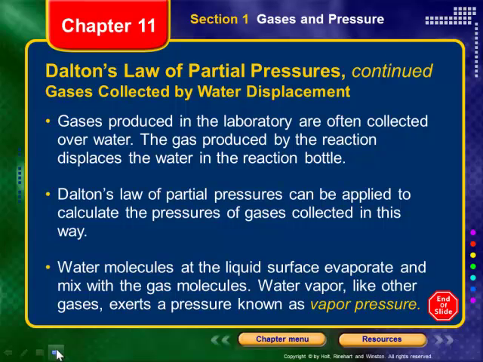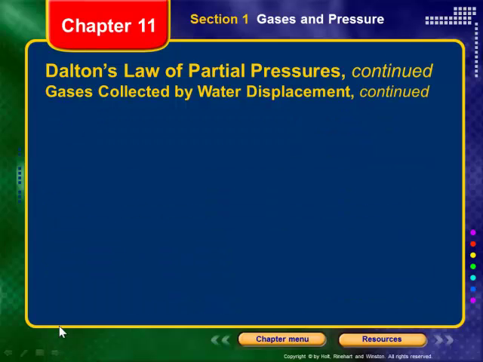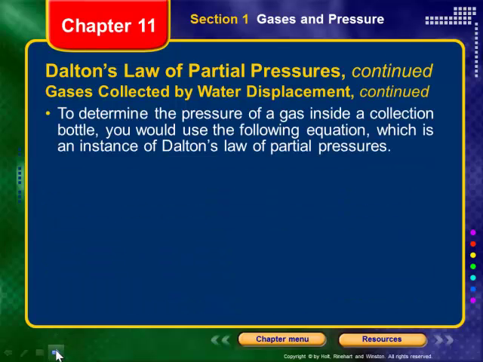If you open your books up to page 859, you will see a chart that gives you the partial pressure of water at various temperatures. And so we'll take a look at how you use that chart. If you're going to find the pressure of gas inside of a bottle, you're going to use this equation.